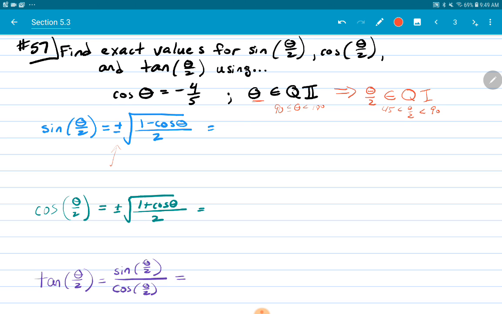So if theta is in Q2, then we know theta over 2, which is the one we're trying to find, is in Q1. So it's going to be positive. Sine and cosine will both be positive.